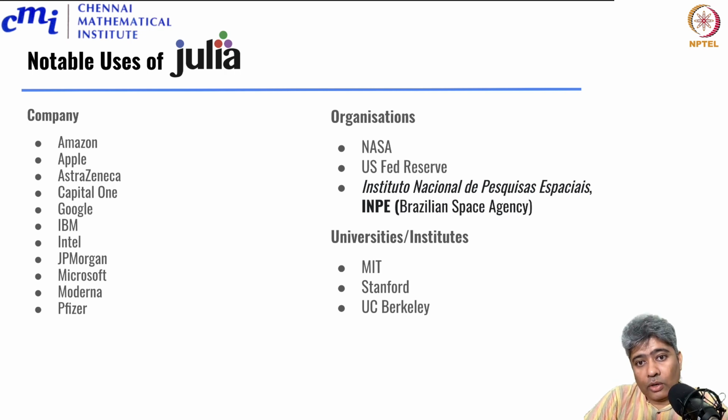Among the other major organizations, NASA, US Fed Reserve, Brazilian Space Agency, for sure they're using Julia. Among the major universities, MIT, Stanford, UC Berkeley, they are all offering their linear algebra and other different courses in Julia.